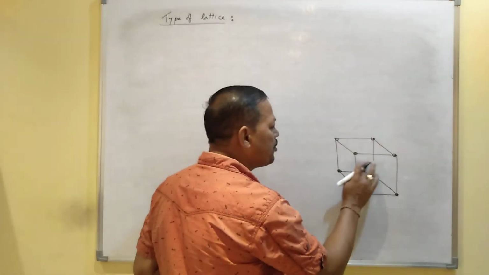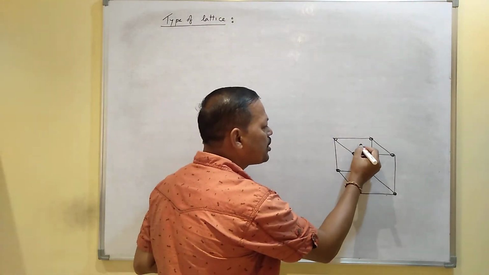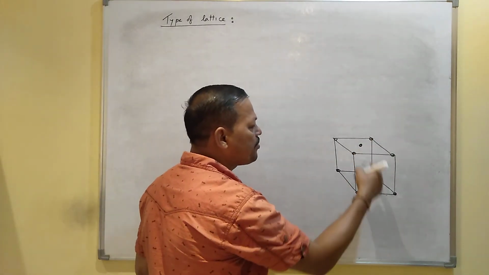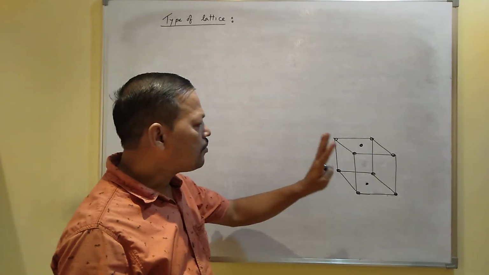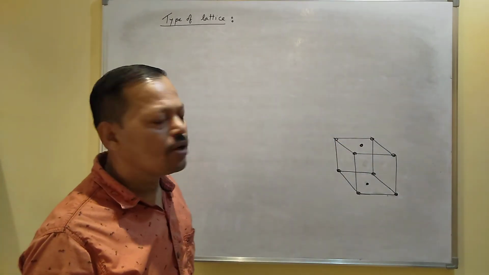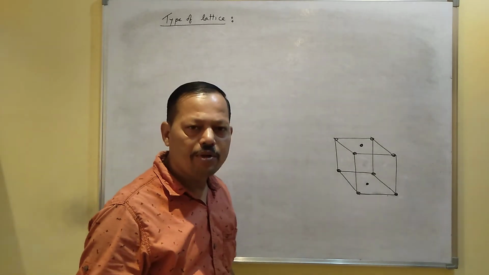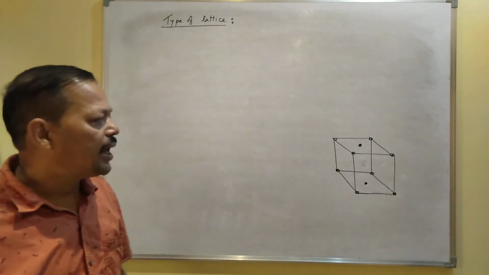Another non-primitive unit cell: when the particles are present at the corners and two opposite faces contain particles at their centers, it is called an end-centered unit cell. So there are 3 types of non-primitive unit cell: face-centered, body-centered and end-centered.